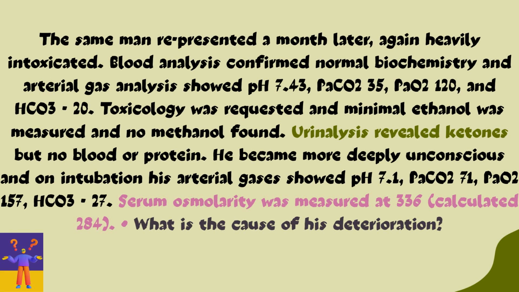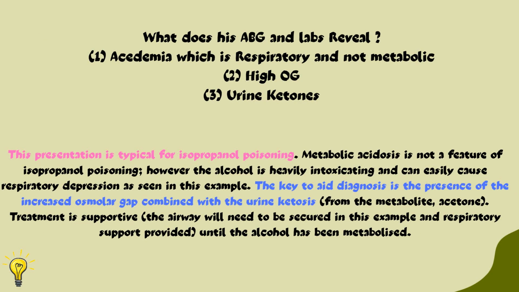The clinical clues here are that he's got no metabolic acidosis and no HAGMA. Urine did show ketones and he had a significant osmolar gap and he is suspected to be intoxicated. These are the clues. So we've got a patient who is intoxicated, who is unconscious, intubated.